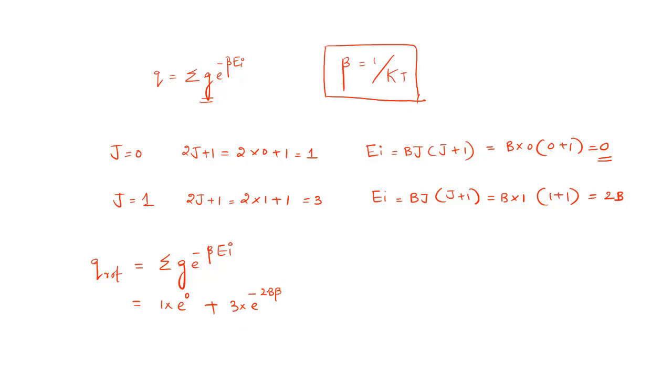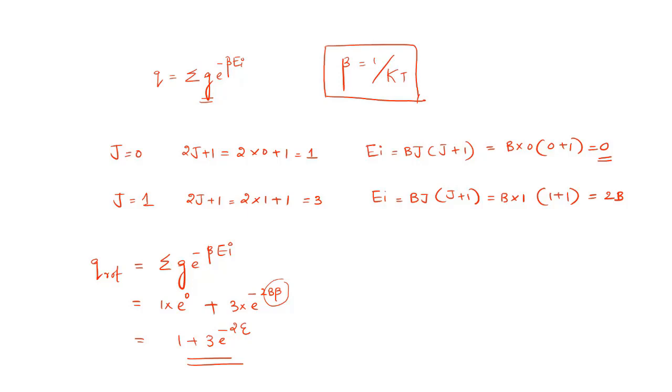In the question, they have given this as a constant epsilon. So this will be equal to 1 plus 3 e raised to minus 2 epsilon. So this is the rotational partition function when J is equal to 0 and J is equal to 1.